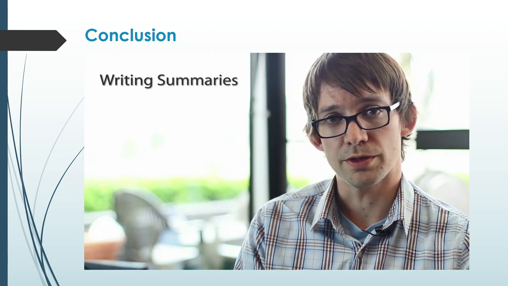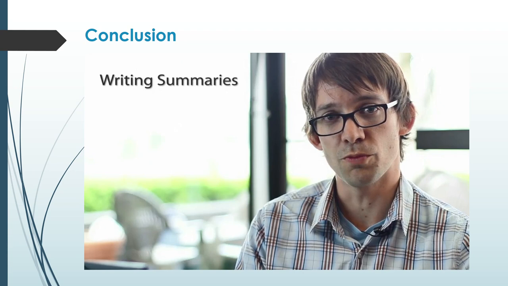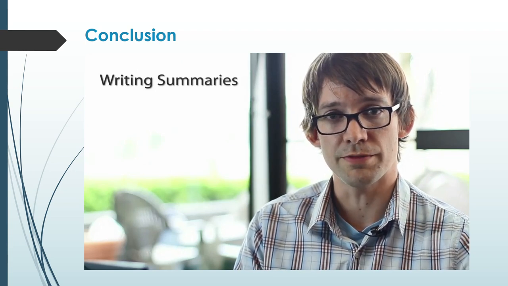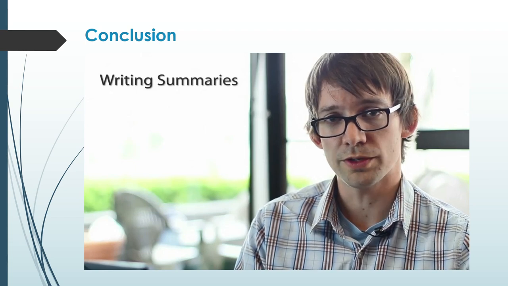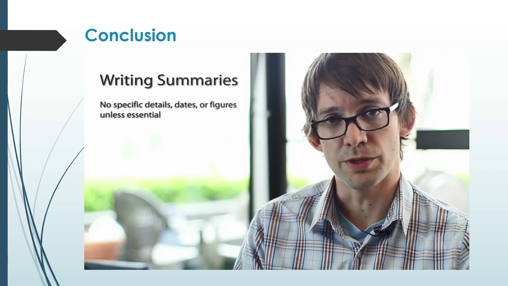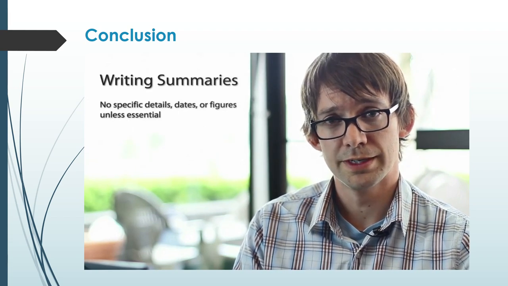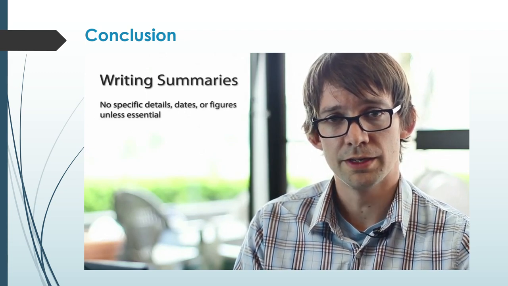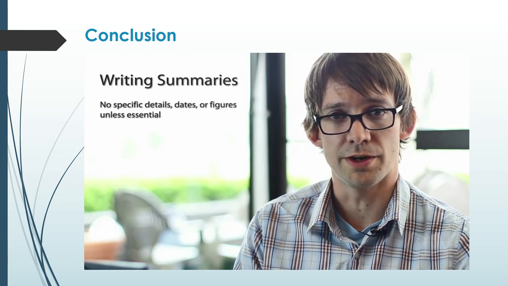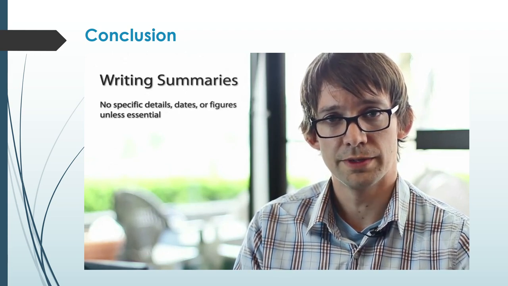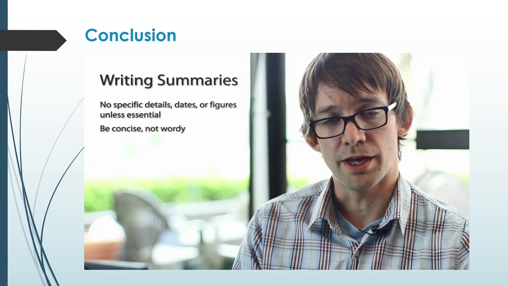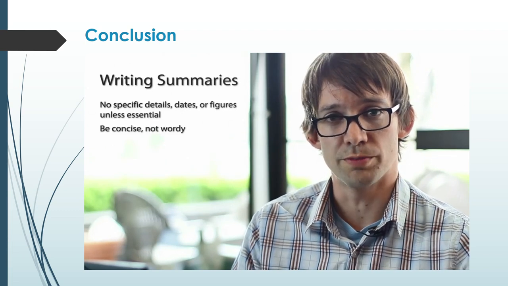It's important also to remember that you shouldn't go beyond the main points. It's important that a summary be as brief as possible, so you don't want to get too specific with details like numbers, statistics, dates, figures, that kind of thing, unless it's absolutely necessary for the reader to understand it. Remember that a summary needs to be concise, brief. You don't want to be too descriptive.